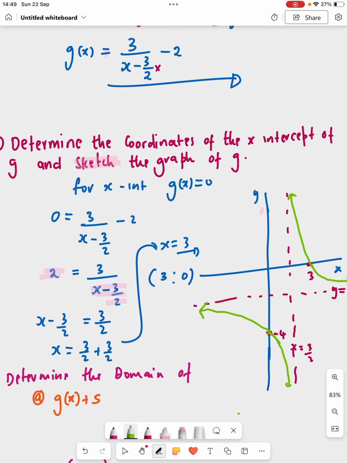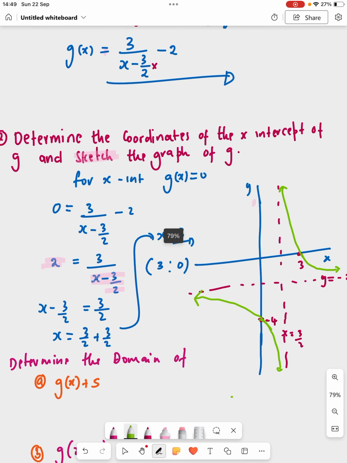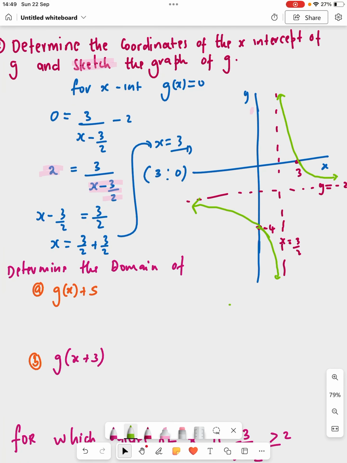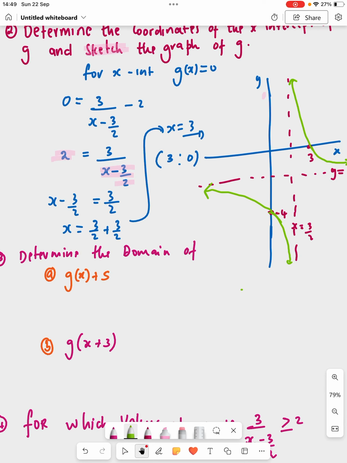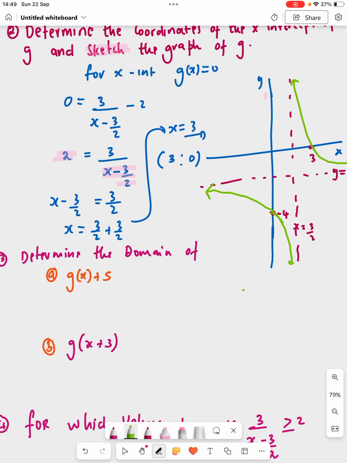Now let's move to question number 3. Now determine the domain of g of x plus 5. Now this plus 5 here represents the vertical shift. The vertical shift will never affect the domain of the original hyperbola. So it will only affect the range.